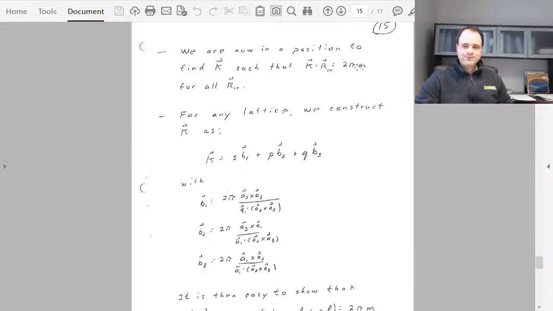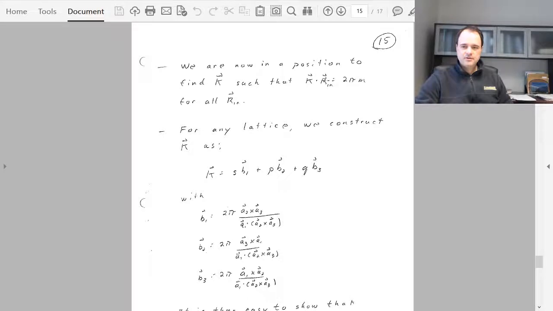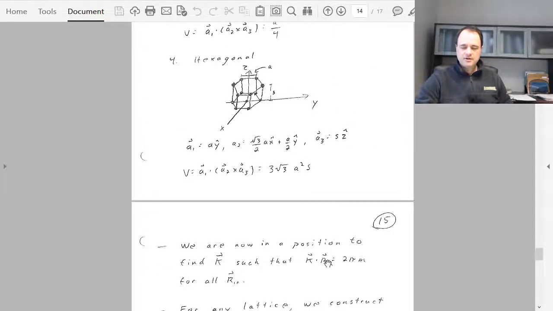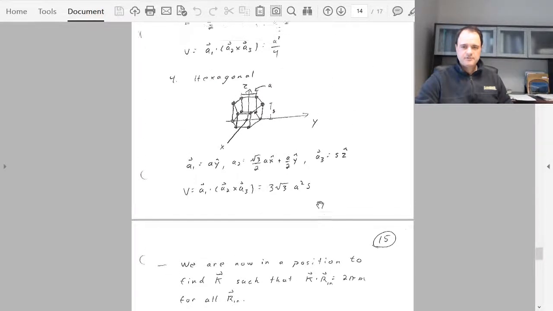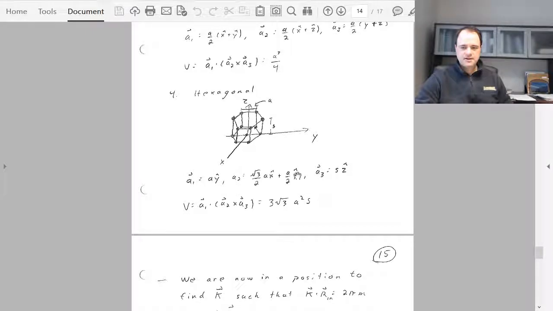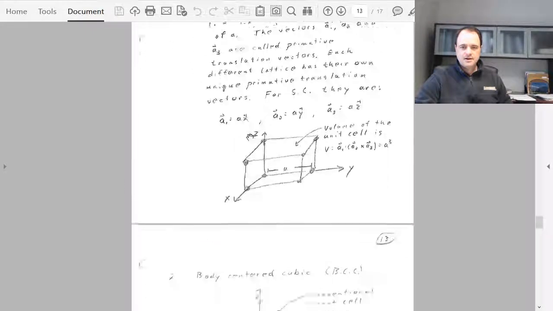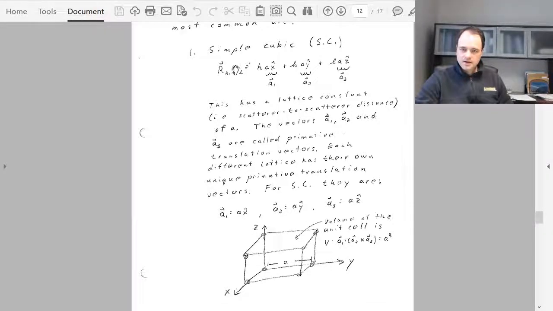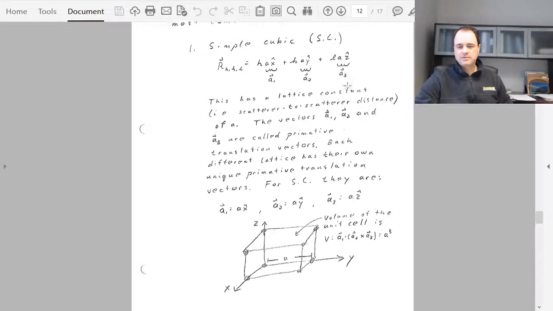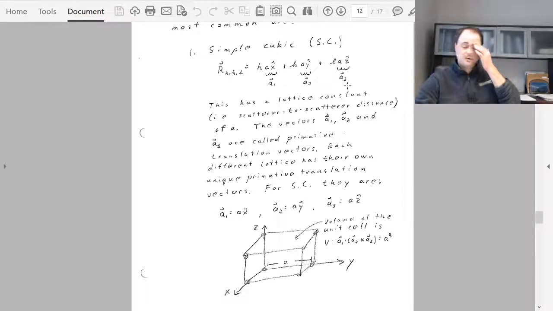And we've been building up what my R sub n's are for common crystal types. For a simple cubic, my R sub n's are given by this: h a1 plus k a2 plus l a3. And we'll have that for all of the different types of crystals.